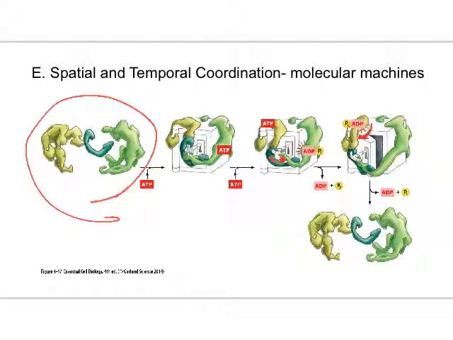And if they occur in this large protein assembly in a coordinated fashion, they'll cause these proteins to work together to perform a specific function. And then at the end, when the ATP or GTP, or ADP or GDP and phosphate come off, they go back to their original conformations, ready to bind more ATP.